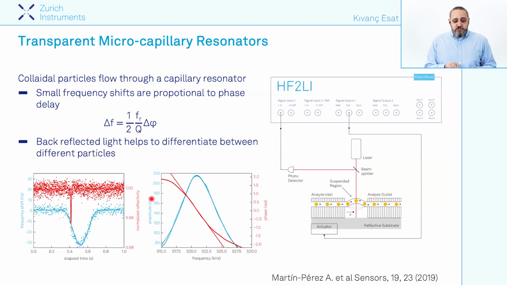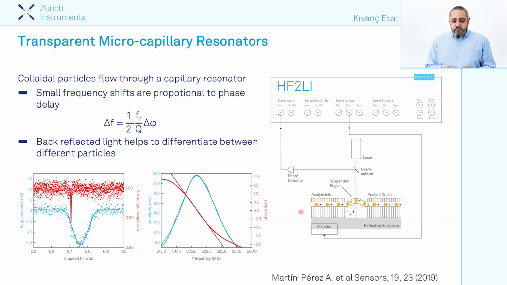That's why we can also relate the delta F, the frequency shift when a particle passes, with the change in the phase directly, because the Q is not getting impacted much when a particle passes by. It is great because then we can directly have a measure of the phase, which we can then use to calculate the mass.